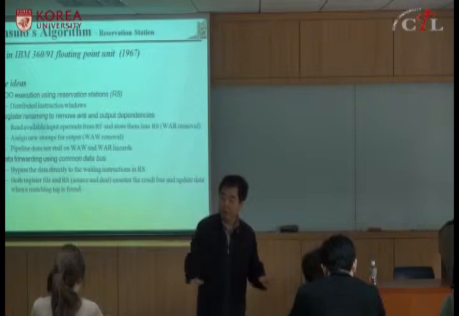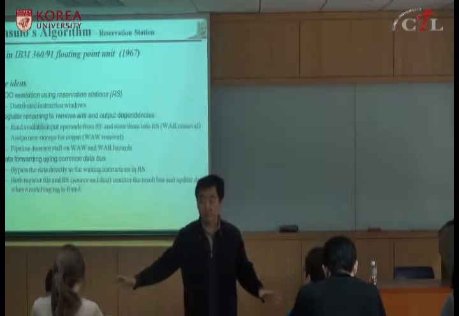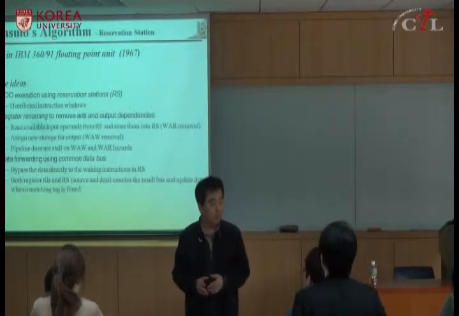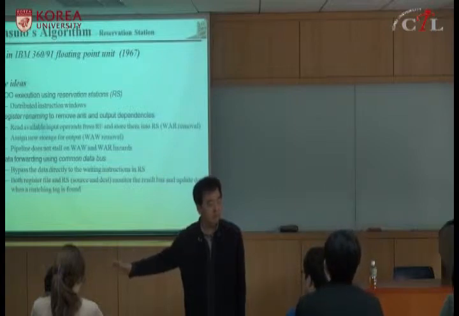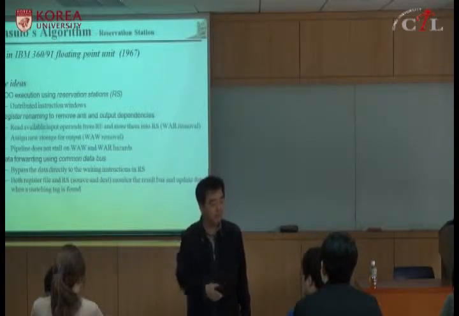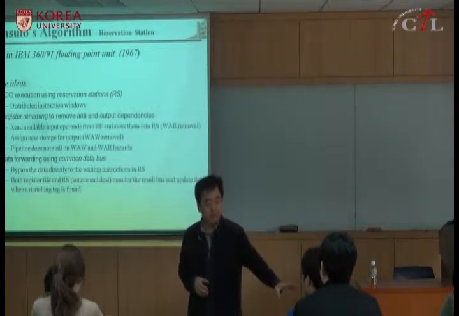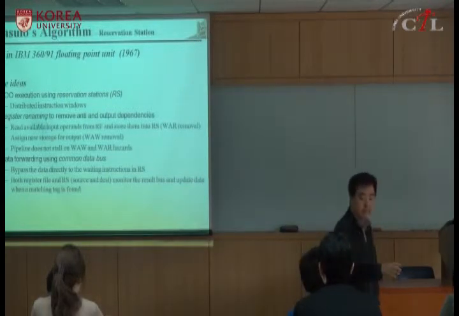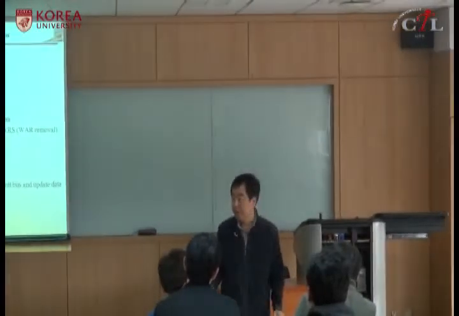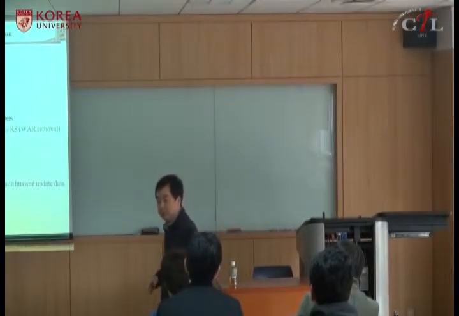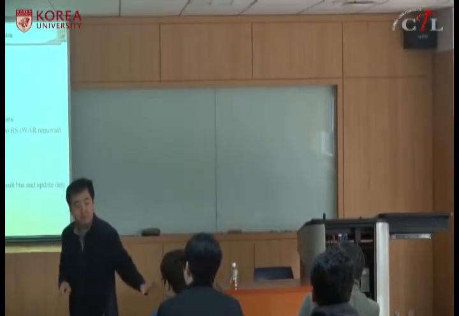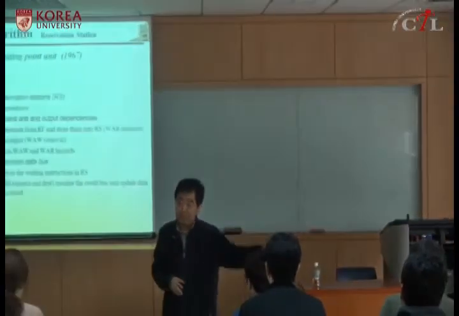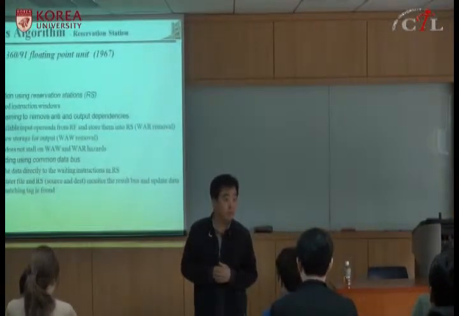So you are worried about future writes, okay? But in an out-of-order pipeline, if you allow the second instruction to bypass this instruction before this instruction reads the source, it can overwrite this source so that the first instruction reads the future value of this source instead of the previous value. So that can cause problems.